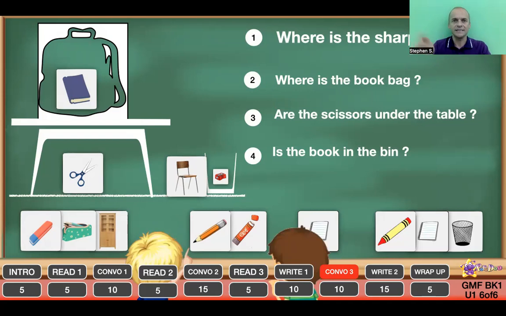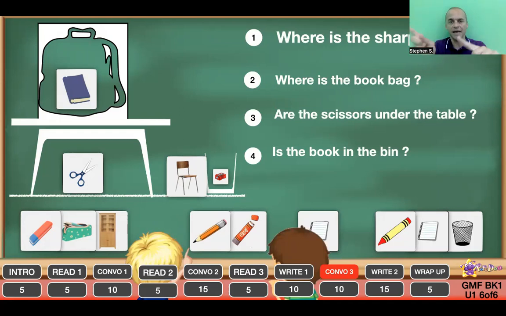As you can see in my setup over there, I have the W question and I have the yes, no question. And the idea in this situation is student A will ask, where is the sharpener? Student B will say, the sharpener is in the bin. Student B will ask the question, where is the book bag? Student A will say the book bag is on the table.